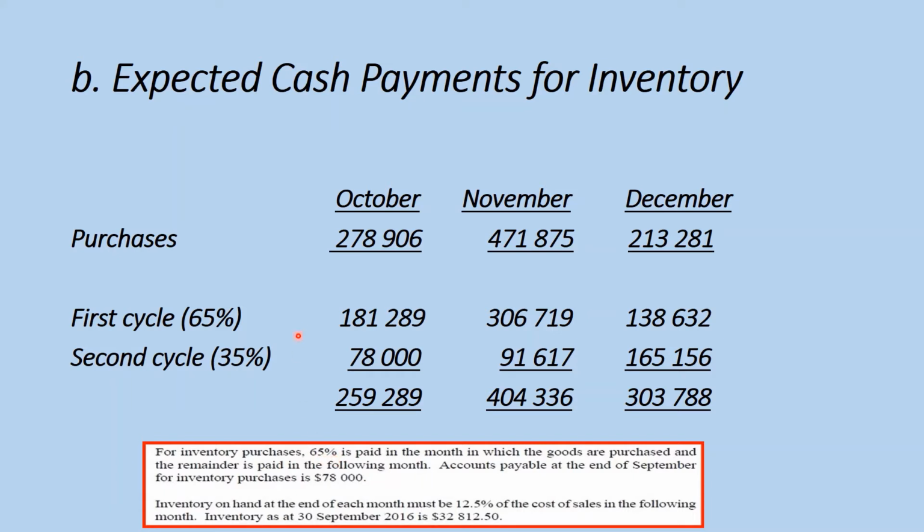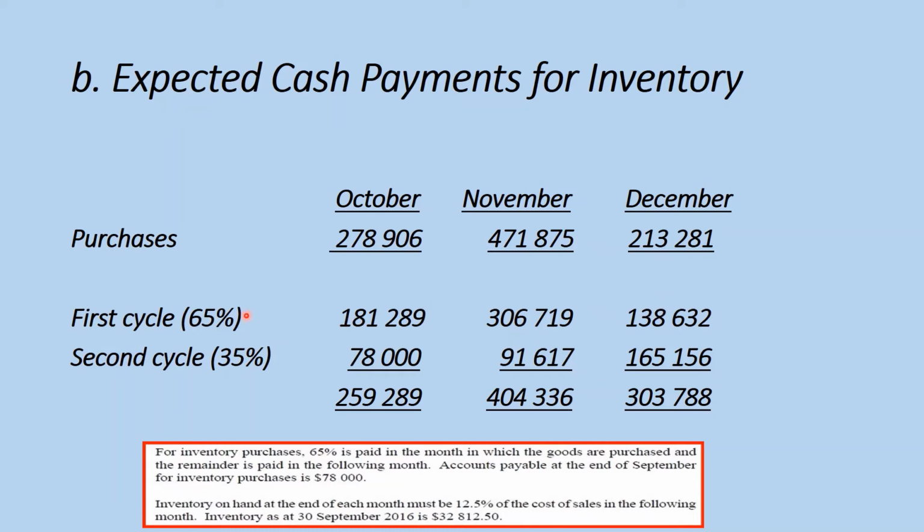So we come to the expected cash payments, and we can head it up like this once again: three columns, one for October, November, and December, and we put in the purchases that we calculated previously. Our first cycle would be 65%. We can calculate 65% of each one of them.